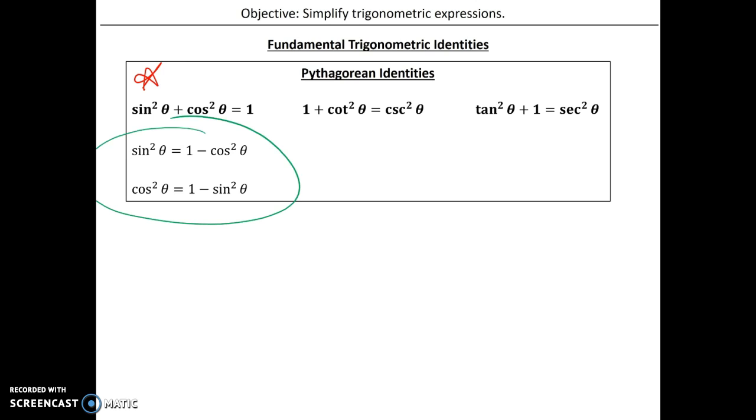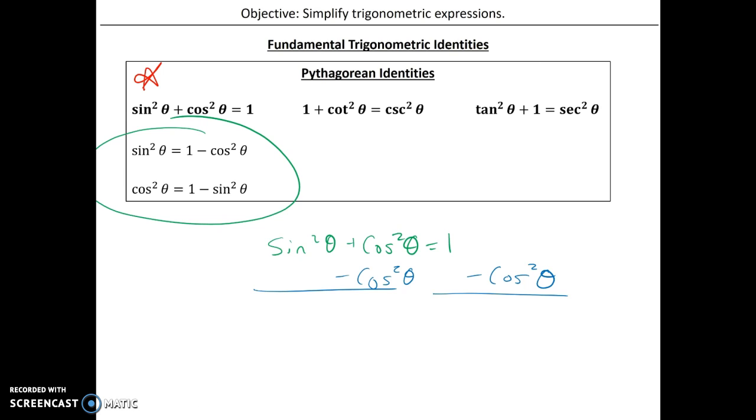If I take sine squared theta plus cosine squared theta equals 1 and move cosine squared theta to the other side, I get sine squared theta equals 1 minus cosine squared theta.